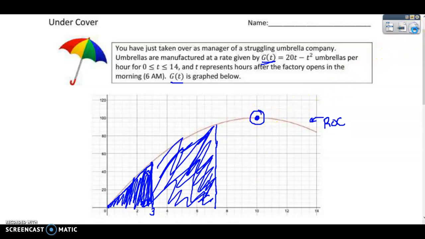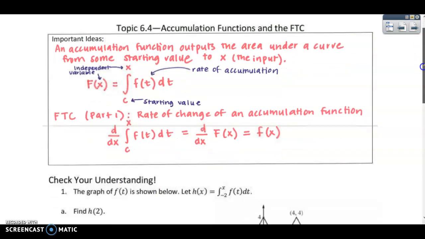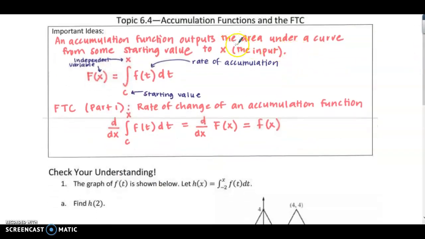Summarizing some of this, I've got your notes right here. An accumulation function outputs the area under a curve from some starting value to x, the input. So here you see capital F of x equals the integral from some starting value to x of lowercase f of t dt. This is the rate of accumulation.